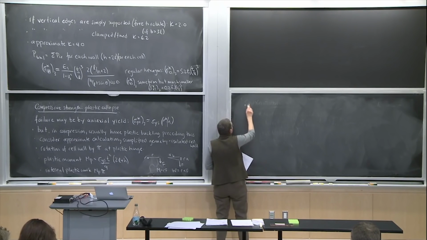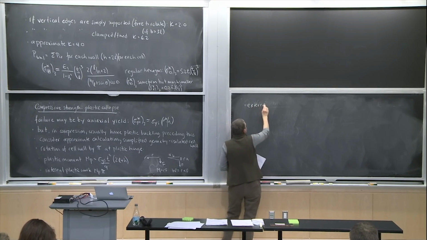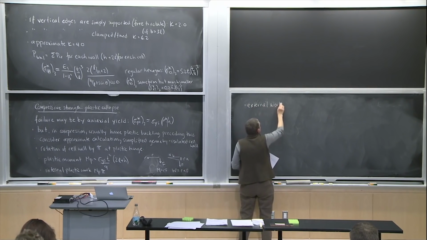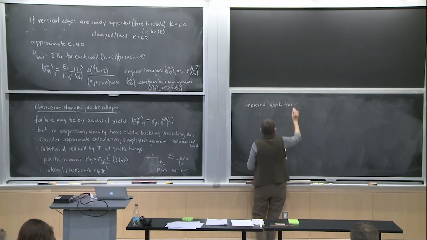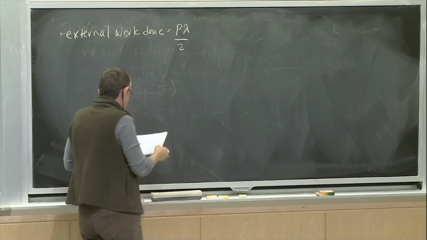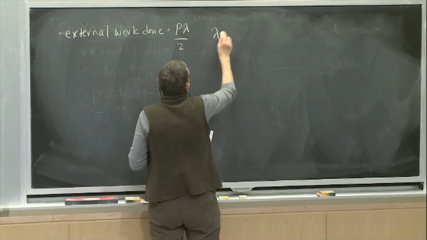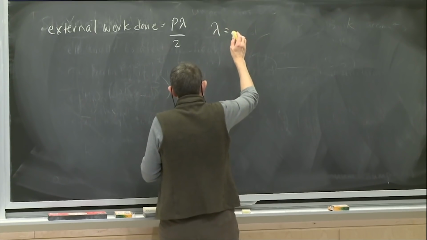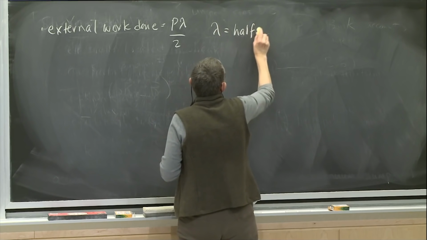And now we have to look at the external work done. And that's equal to P times lambda over 2. And here lambda is the half wavelength of the buckling.